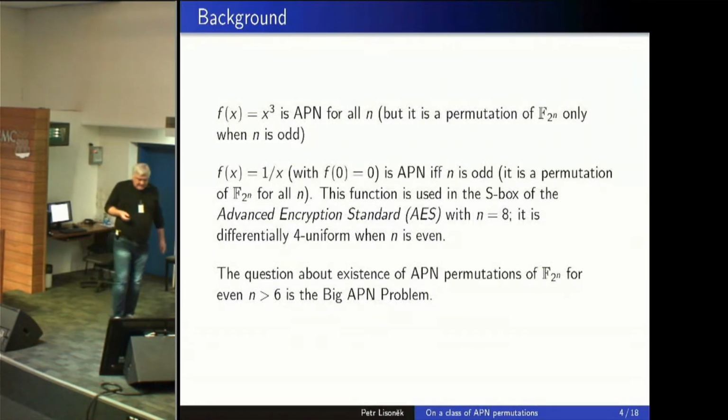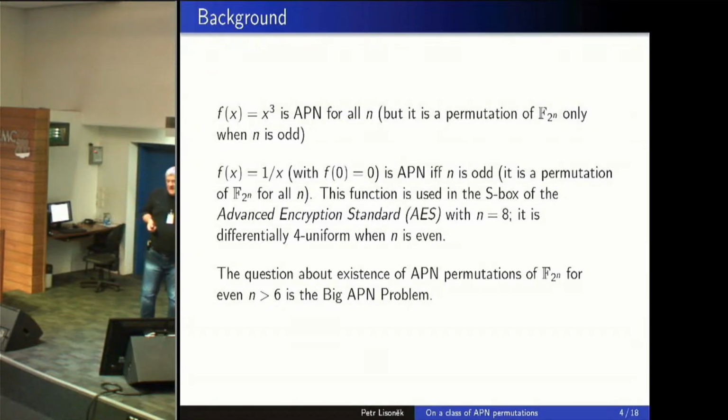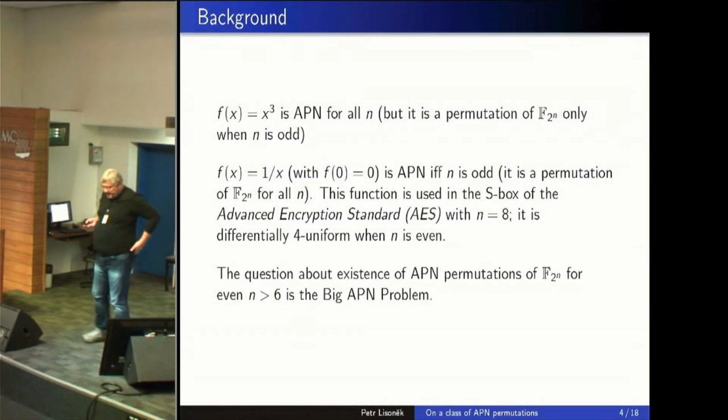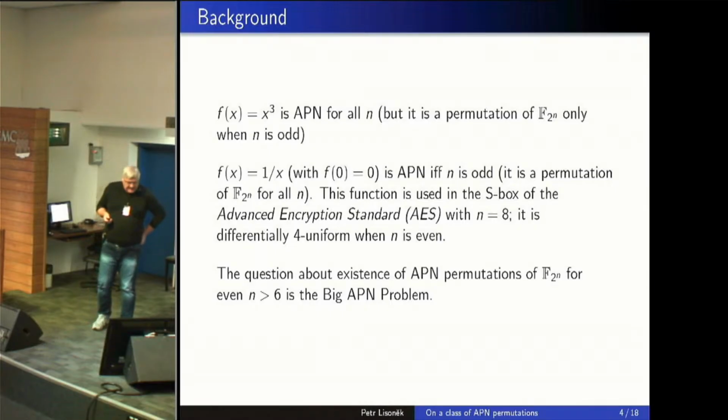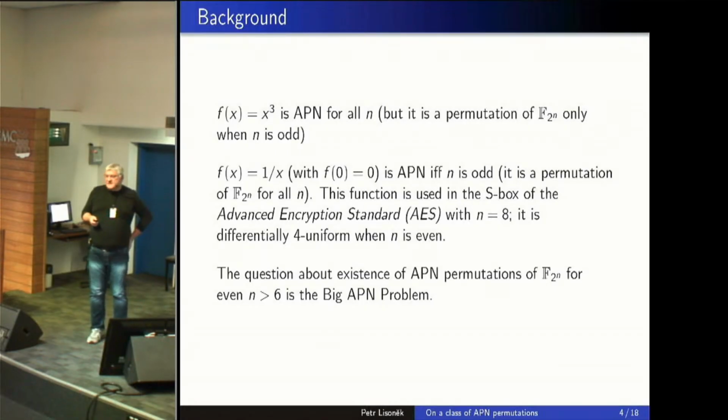So some examples. X-cube is APN. I did not say that, but everything I'm doing is in characteristic 2, because, for example, Valentin also mentioned odd characteristic, but the APN functions, of course, are typically studied in characteristic 2. So X-cube is APN in all dimensions, but it's a permutation only in odd dimensions.